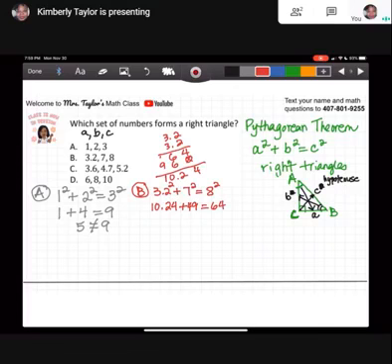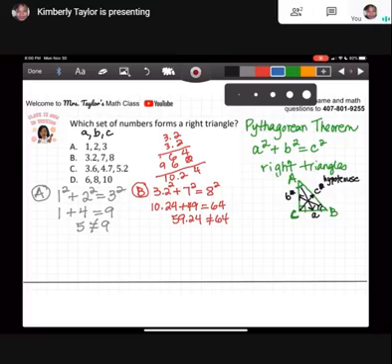Well, this is going to equal 59.24, and this is 64. Not a true statement. So when they are not true, they're not forming a right triangle. Okay, let's do another.